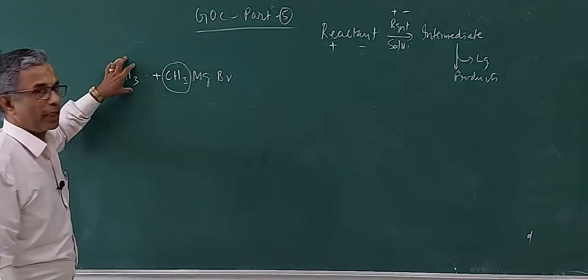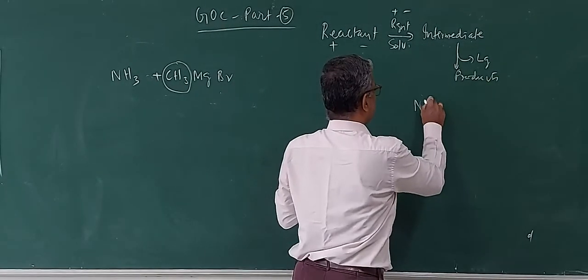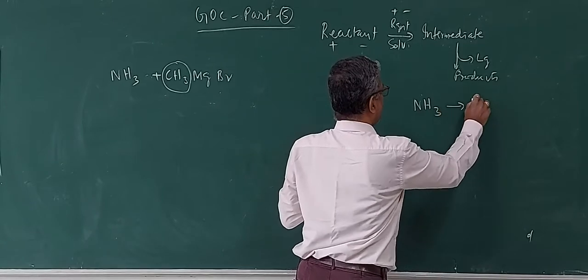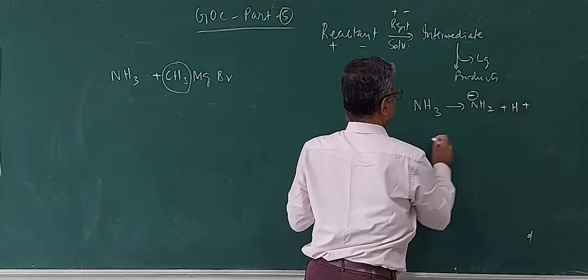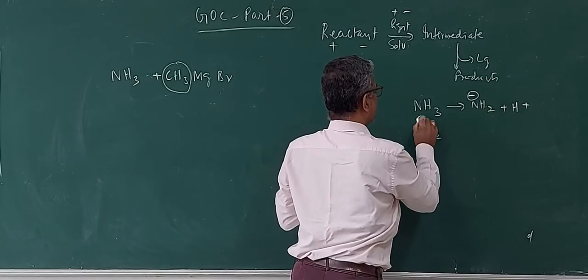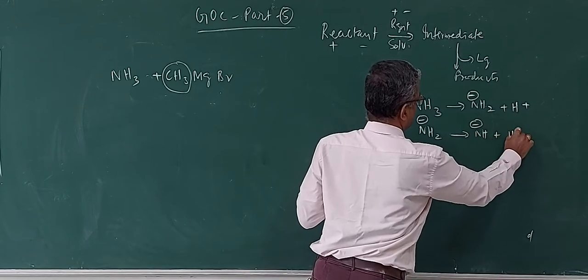So how to generate plus minus here? Regarding ammonia, whenever you have ammonia, it can dissociate to produce H plus and NH2 minus, and again this NH2 minus can dissociate to produce NH minus plus H plus.